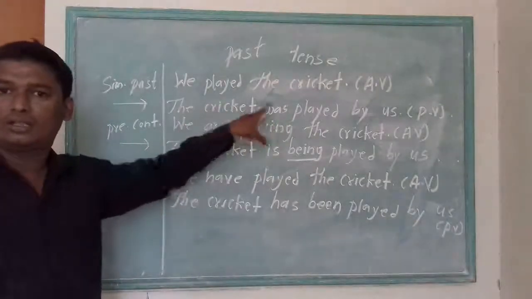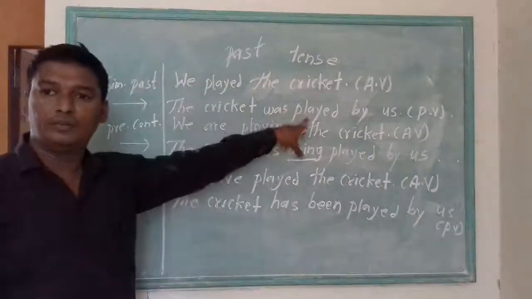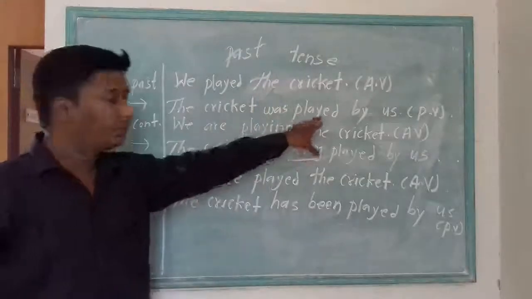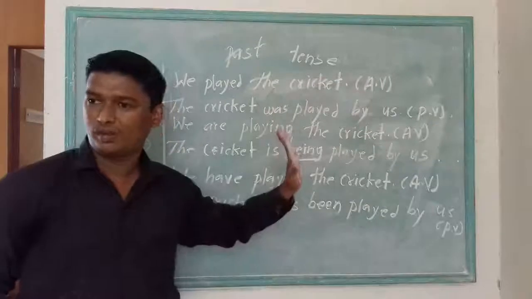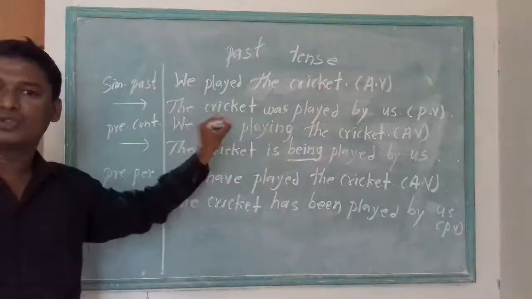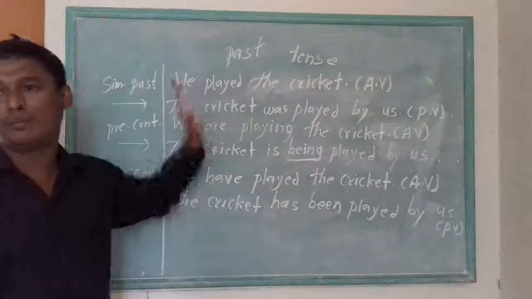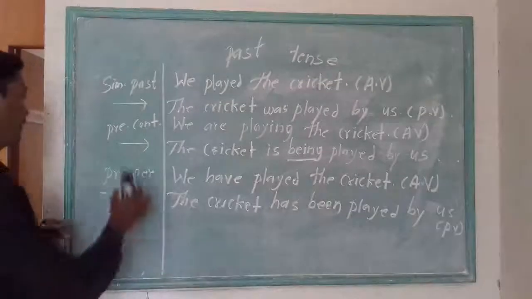If plural, take were. The cricket was. Then V3, the past participle of the main verb, played. Then by, then we changes to us. It is passive. Okay. I have just changed the auxiliary verb because it is in simple past. Other changes are the same.